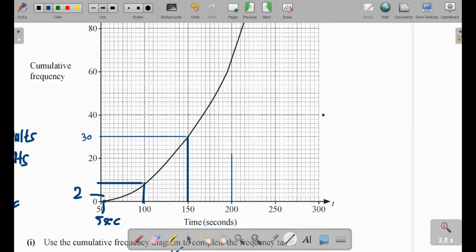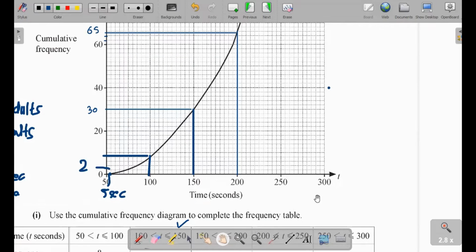You can draw this line by scale, and it meets the curve at this position. We see the value of the cumulative frequency, and then draw another line from the curve towards the cumulative frequency axis.